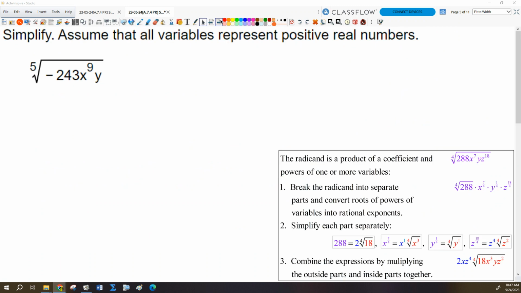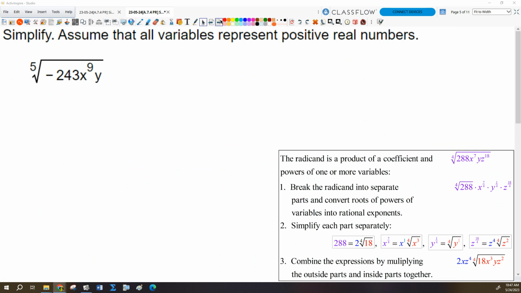Try that one. And before you start, let me ask you a quick question. If I have an odd root of a negative number, what happens to the negative? If it's an odd root of a negative, we might as well just put it out front, right? Because what's the cube root of -8? -2, right? What's the 5th root of -32?